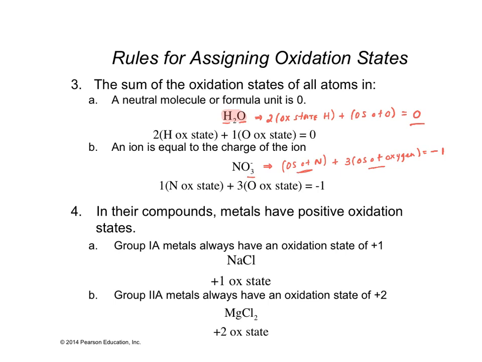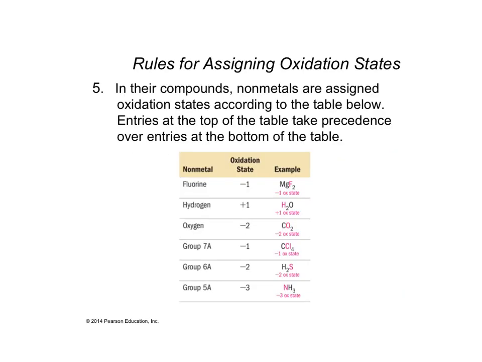Well, number 1, anything that is in group 1, so group 1 metals, are always going to have a positive 1 oxidation state. So sodium in this compound, it's a group 1 metal, it'll always have a positive 1 oxidation state. And then group 2 metals will come after that. Group 2 metals will always have a positive 2 oxidation state. So the magnesium in our compound here will be a +2 with respect to oxidation state.